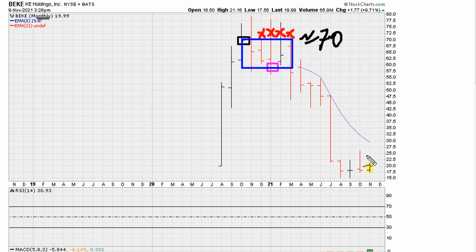But at some point we break below the monthly closing low that constituted the low of the base on a monthly closing basis. Now, friends, if you understand this concept, this was the second red flag.